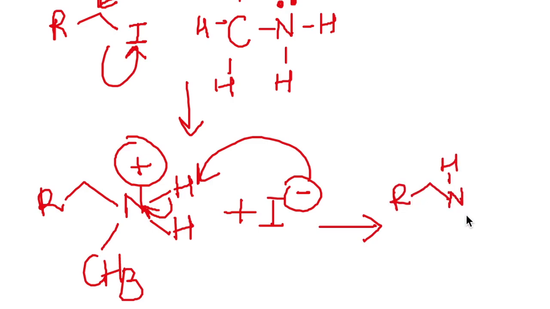Because the substitution happens first, and then, so I have a hydrogen, I have the R, and then I have the CH3 and the lone pair, right? So plus HI, for example, or whatever base that came and got the molecule deprotonated, right?